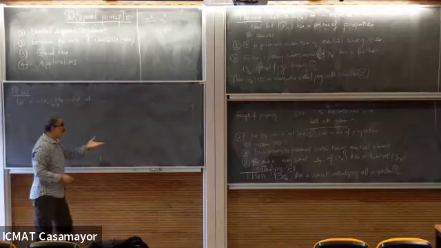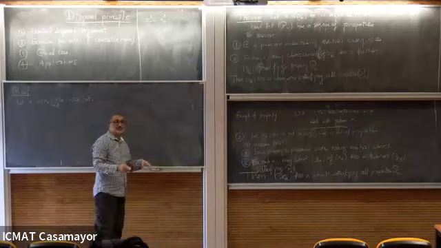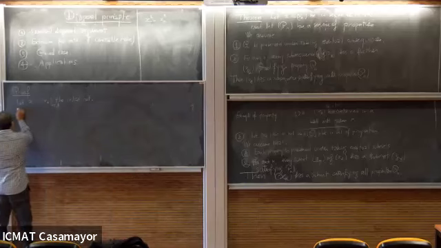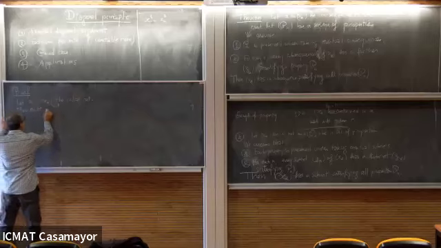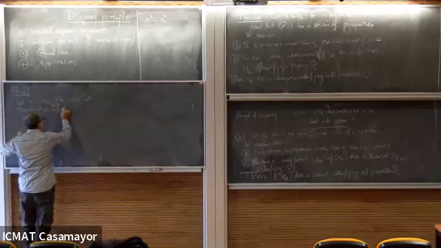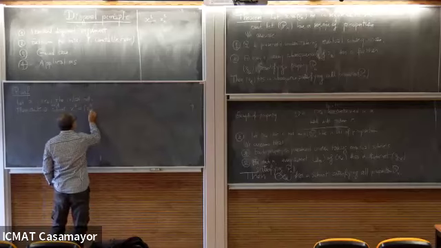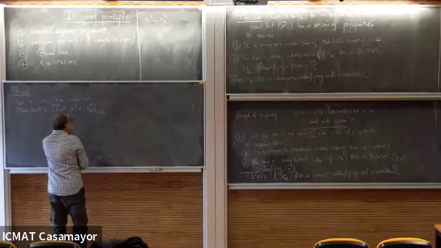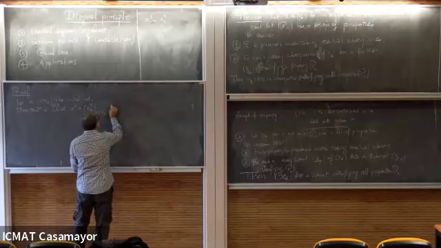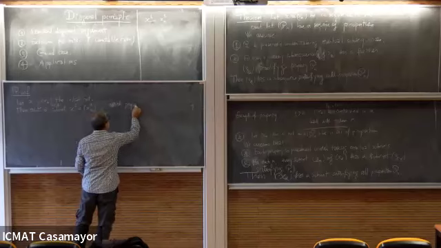So if we use our second assumption for P1, there exists a subnet X1 equal to X1 alpha, alpha belongs to A1, satisfying property P1.